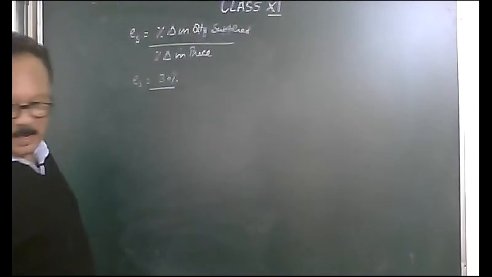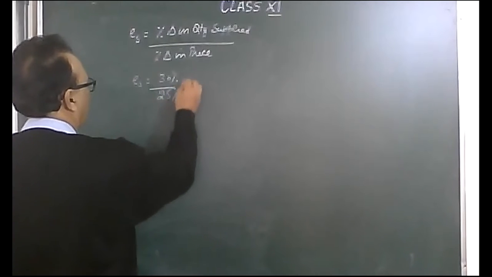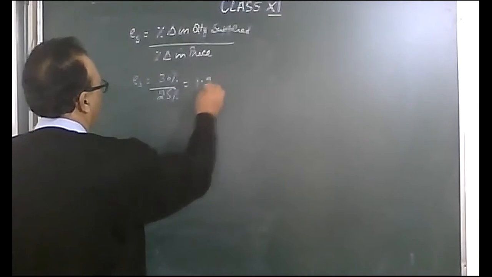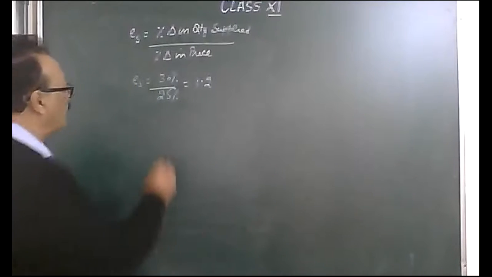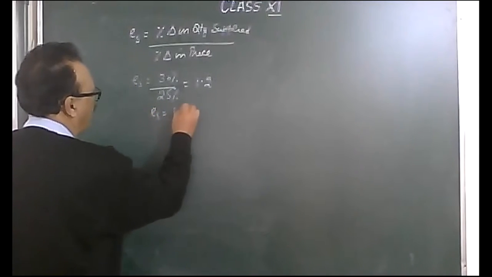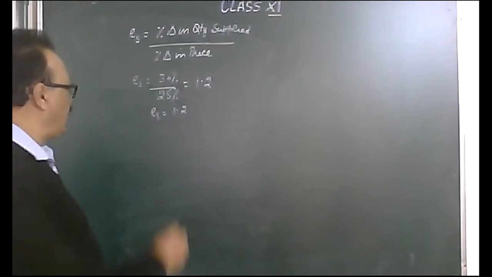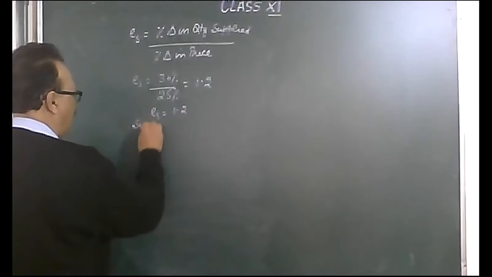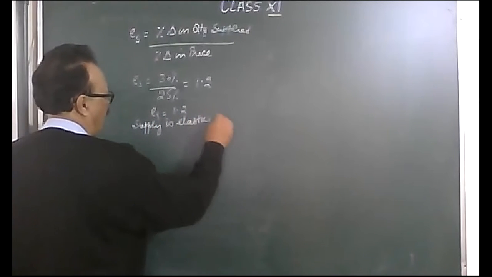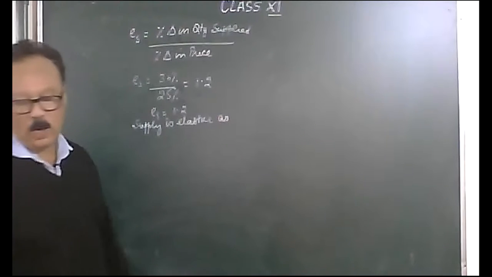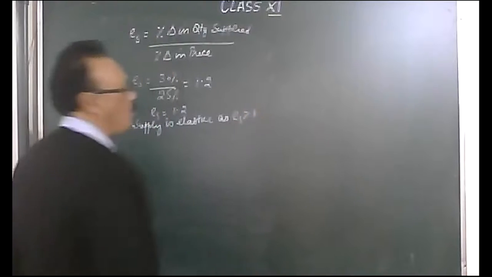Percentage change in price is given how much? 25%. That is equal to 1.2. So elasticity is equal to 1.2. What would be the result of 1.2? Supply is elastic, as ES is greater than 1.